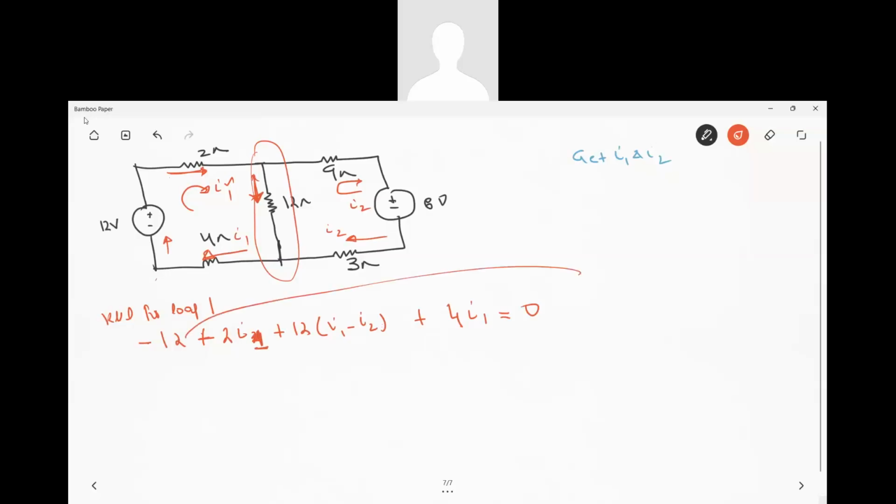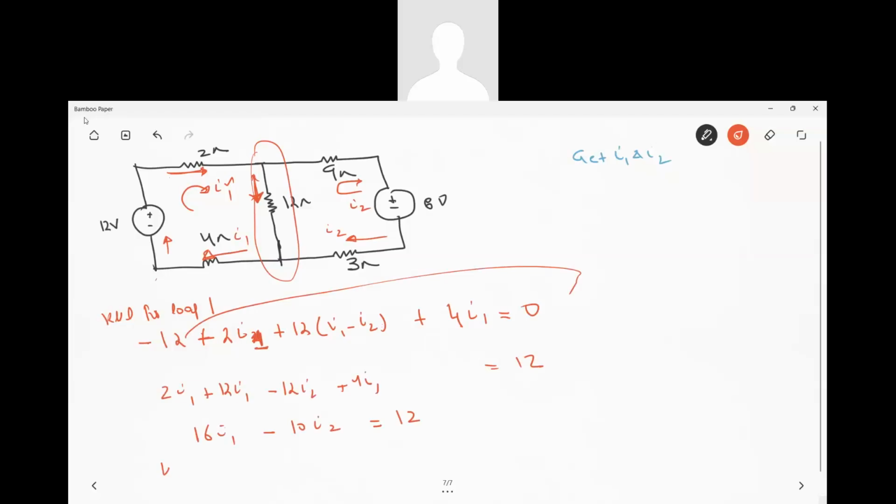Open this up. So minus 12 goes this side. So it becomes 12. So this is 2 I1 plus 12 I1 minus 12 I2 plus 4 I1. So it becomes 16 I1 minus 10 I2 is equal to 12.